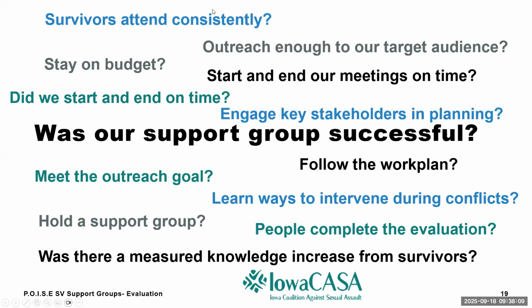So, did survivors attend the group consistently? Did we start and end the group on time? Were people able to complete the evaluation? And was there a measured knowledge increase from survivors? All of these different metrics could determine whether or not the group is successful.